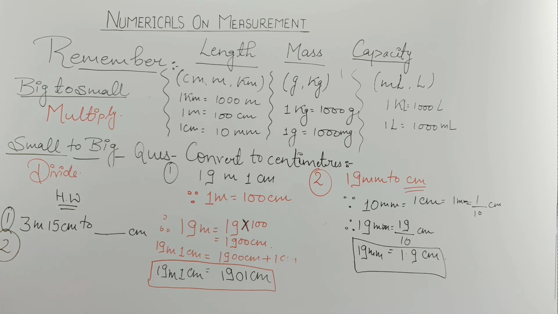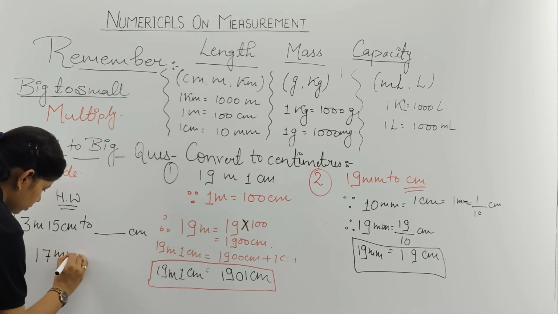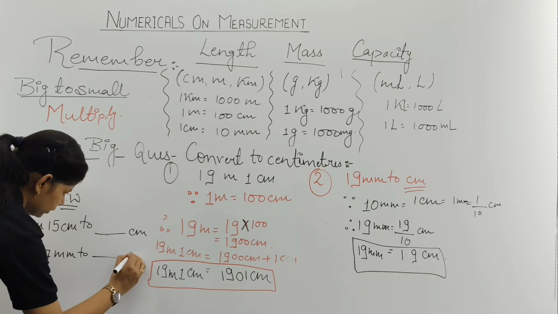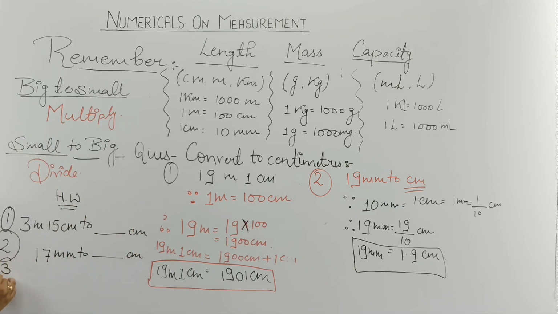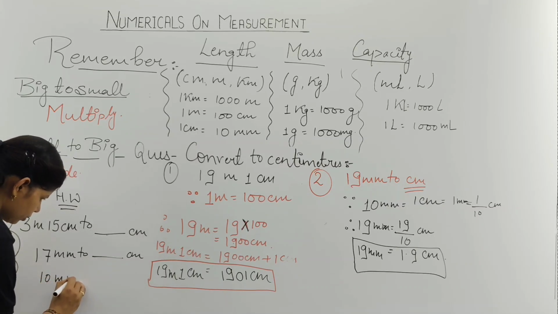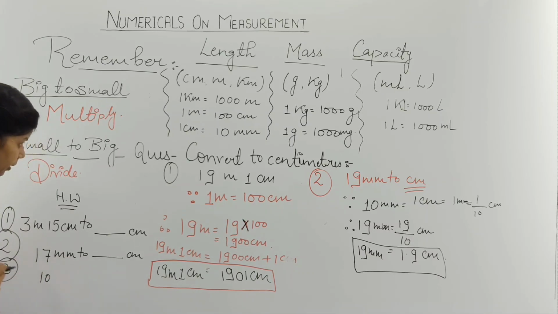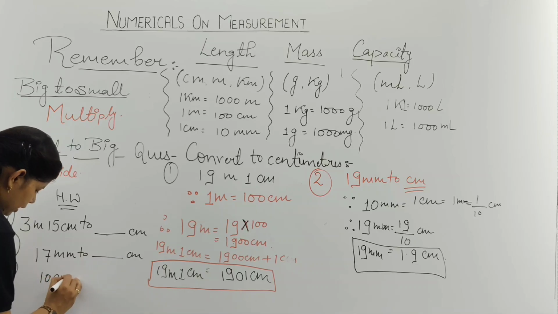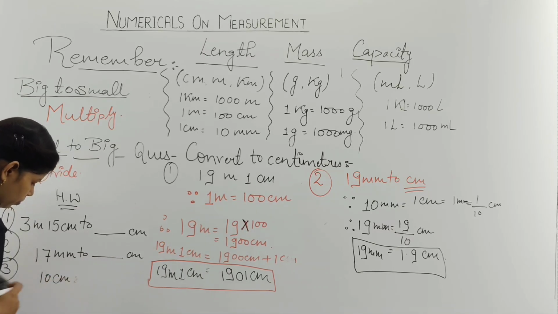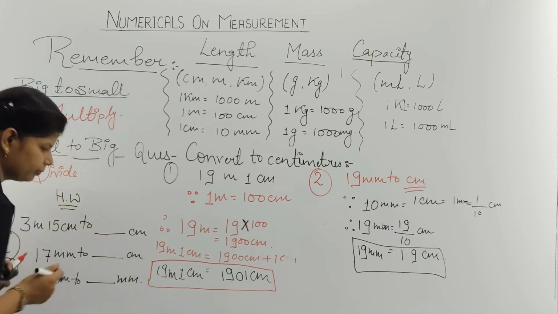And second, I'll just give you based on your 17 millimeter to centimeter, and third which I am going to give you is 10 centimeter equal to dash millimeter.